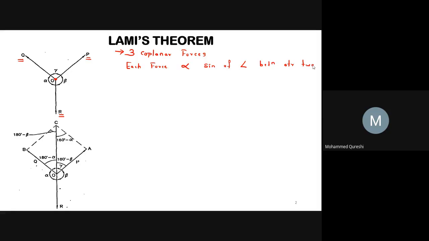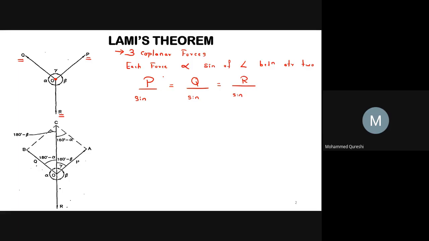So we may write this as P upon sine, Q upon sine, and R upon sine. What does it state?